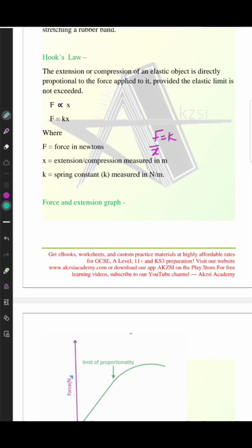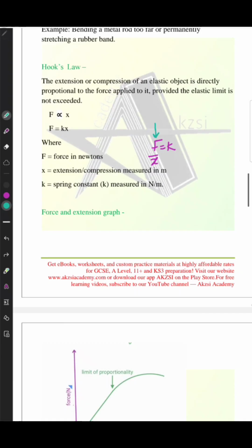So from here I can say that the spring constant is the amount of force required to compress or stretch a spring or a material by 1 meter. Whatever force is required to stretch this spring by 1 meter will give you the spring constant, and that's the reason every material has a different value of spring constant.